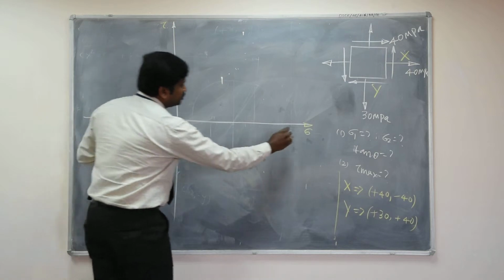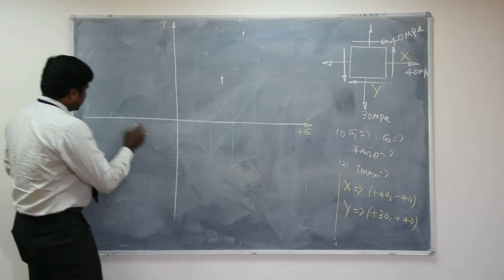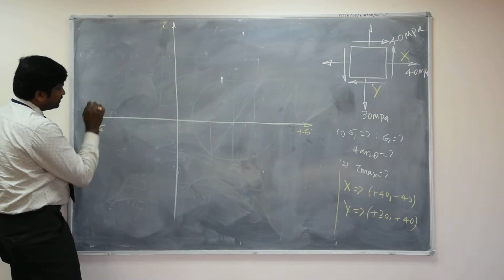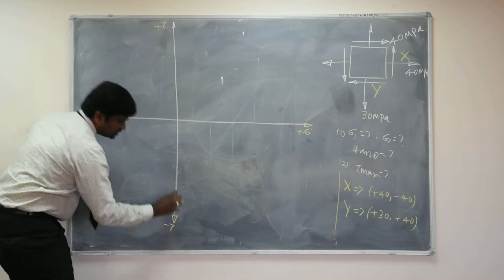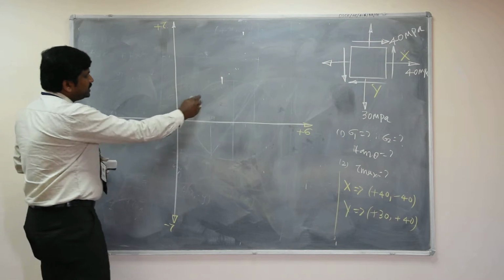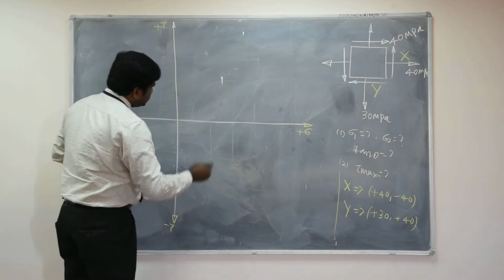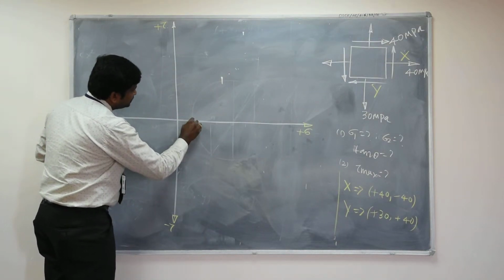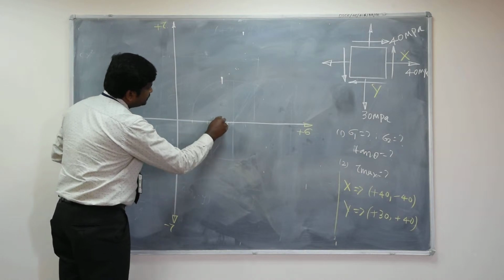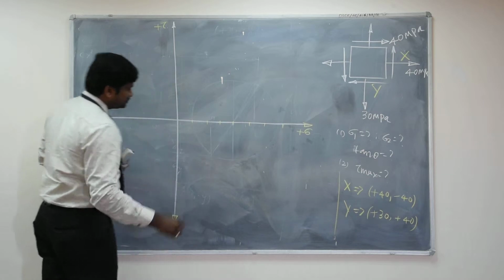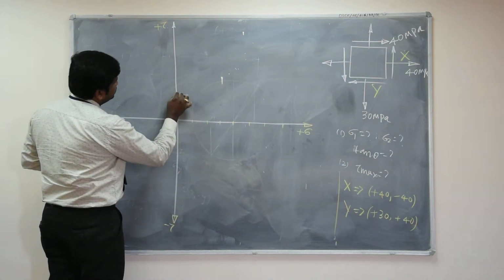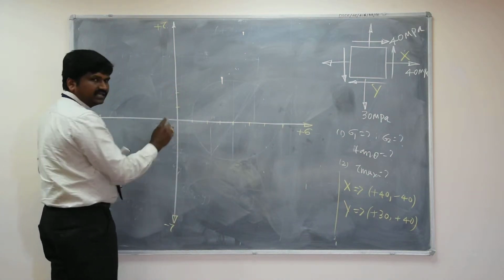This is plus sigma, this is minus sigma, this is plus tau, and this is minus tau. Okay. So mark the coordinates, mark the points. In the graph sheet you can directly mark. Make sure this scale and this scale are equal.